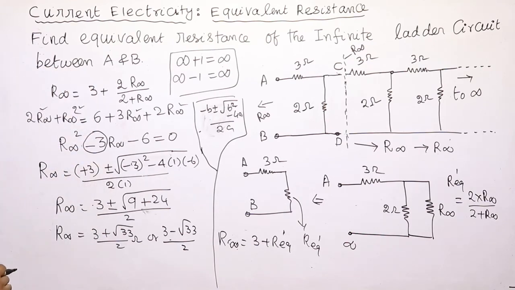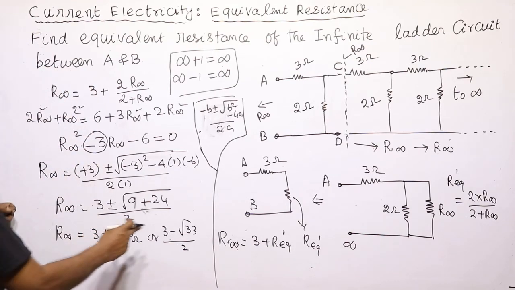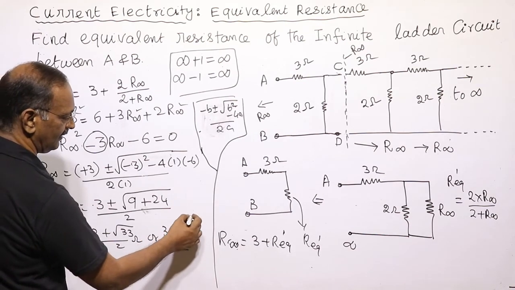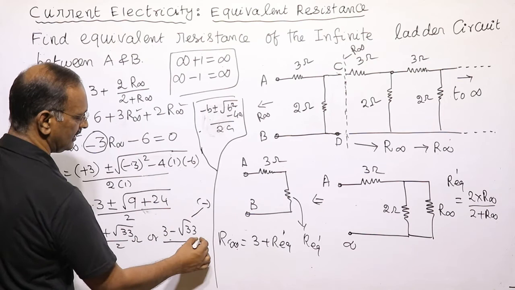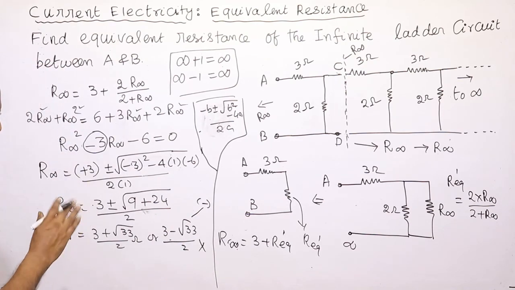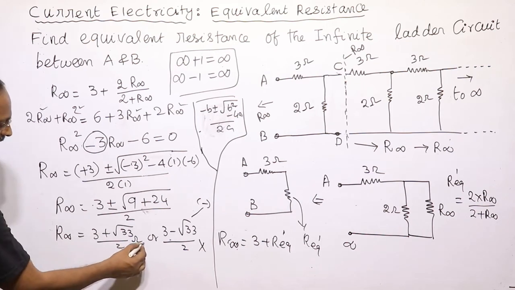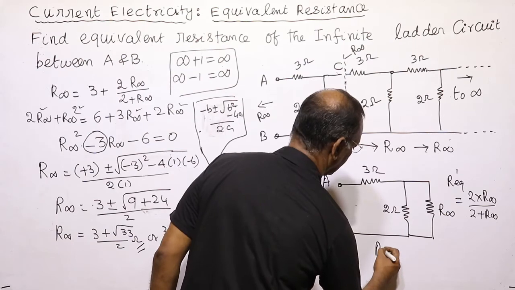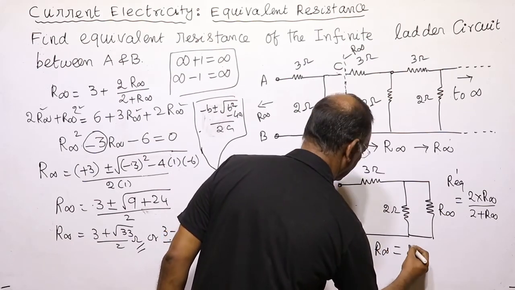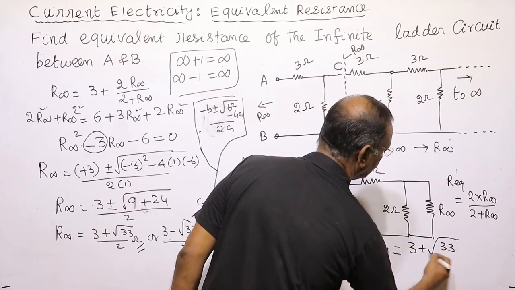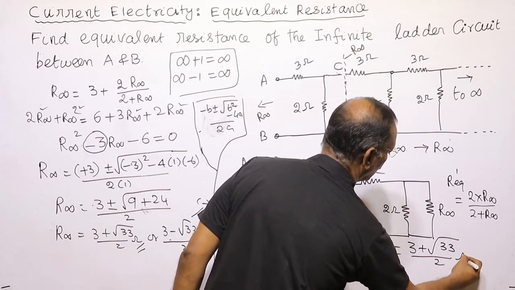Root 33 is greater than 3, so 3 minus a greater value is a negative value. There is no negative resistance, so this is the right answer. Therefore R infinity is equal to 3 plus root 33 by 2 ohm.